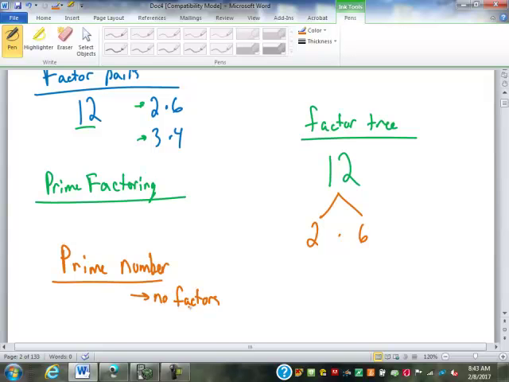Of course, you're going to be divided by some decimals and fractions and stuff. 2 is a prime number. There are no smaller numbers other than 1 that can divide into it. Of course, other numbers are called composite.